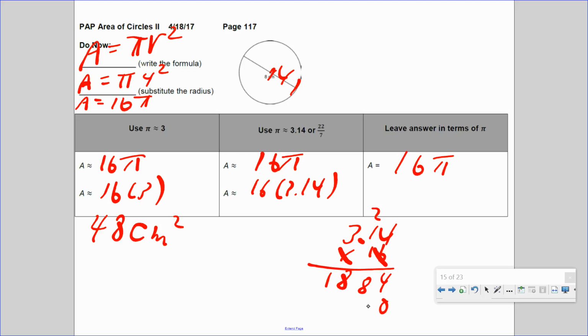Placeholder. 1 times 4 is 4. 1 times 1 is 1. 1 times 3 is 3. If you add this up, 12 carry 1, 9, 10 carry the 1, it is 50.24 square centimeters. So if I use 3 as pi, my answer is 48 square centimeters. If I use pi as 3.14, my area would be 50.24 square centimeters. And if I just leave the answer in pi, it's 16 pi.